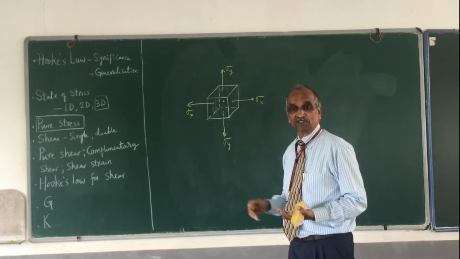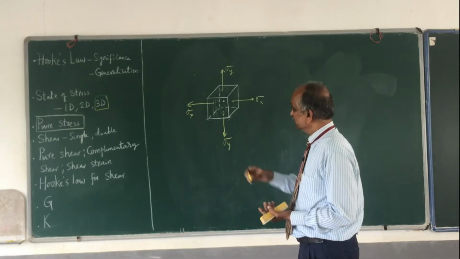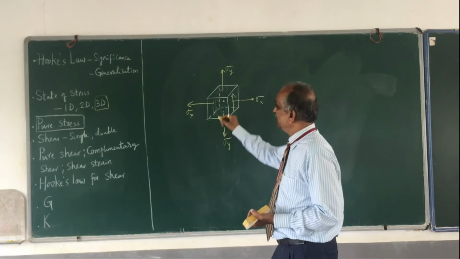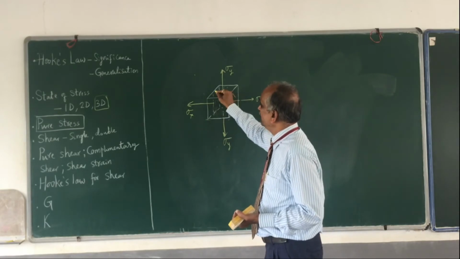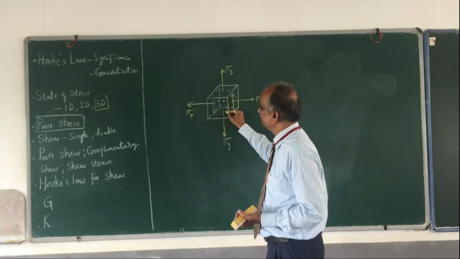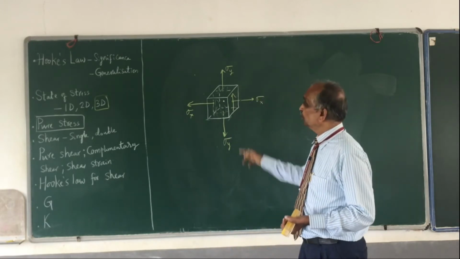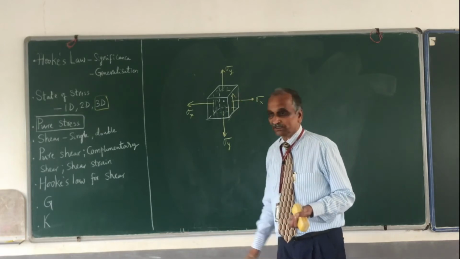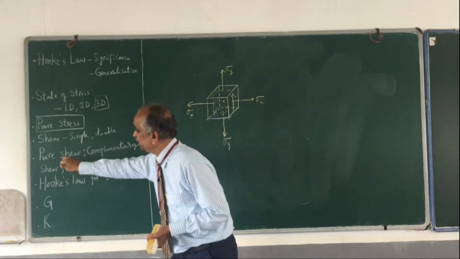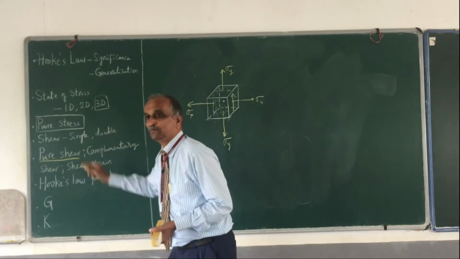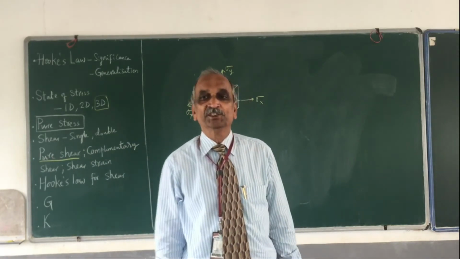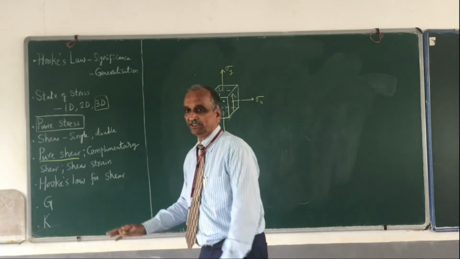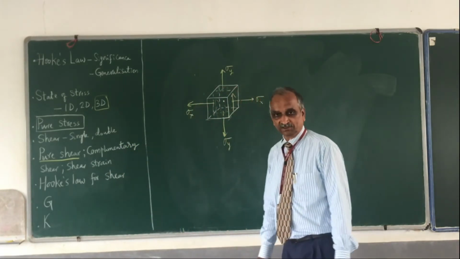I may have shear stress here also, and here, and here. So what are the magnitudes of these shear stresses and what are the directions, etc. That's what I am going to discuss very soon. That is what is meant by pure shear, and what is meant by complementary shear, all that I shall discuss very soon.